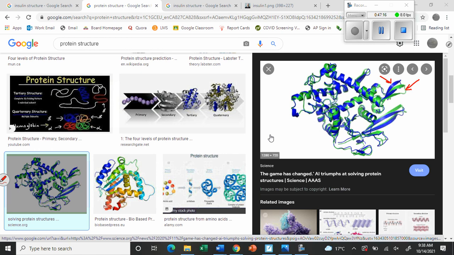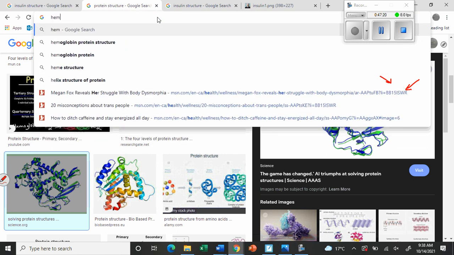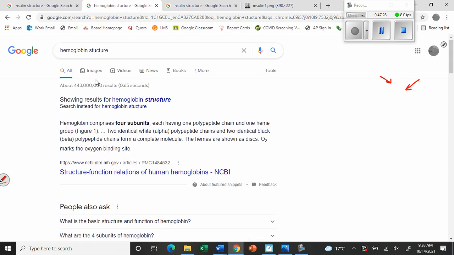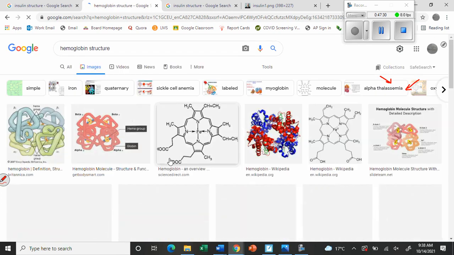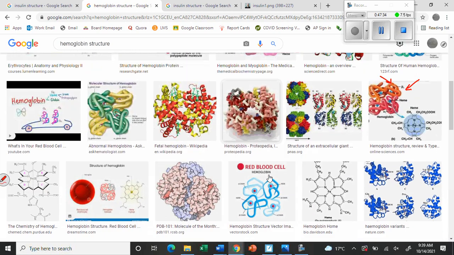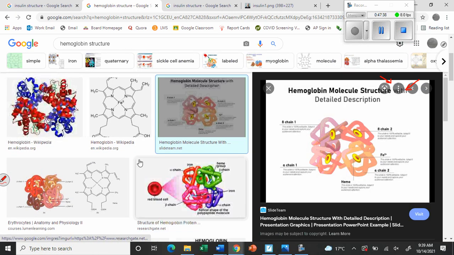Here's one more picture, just to show you. Let's look at hemoglobin, which is a very important protein in humans. I keep spelling structure wrong, but that's okay. It gets us there. Here it is. Let's see, any one of these pictures will do. Maybe this one is sort of the easiest to see. Nope, that's the wrong one.